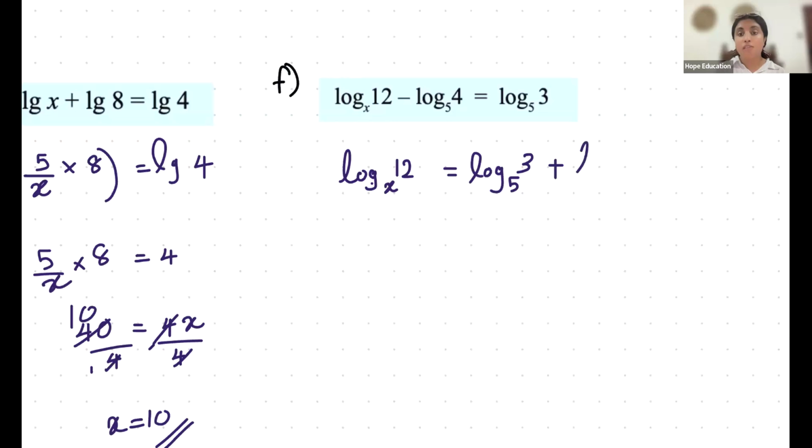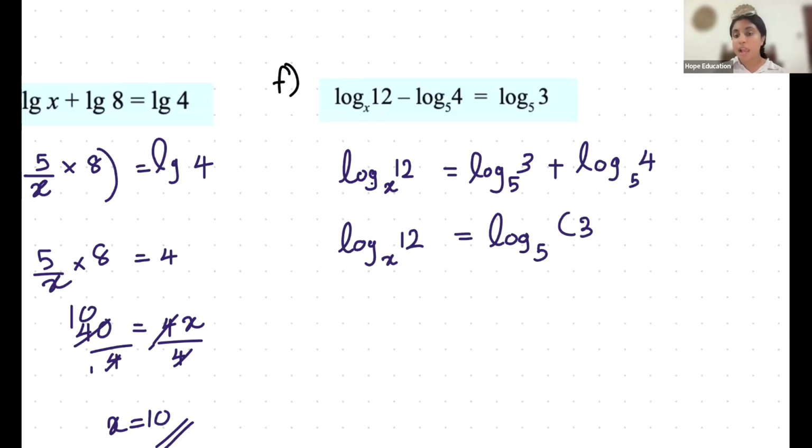Log of 4 to the base 5. So here log of 12 to the base x equals, then log 5. So they have the same base. So what I'm going to do is log 5. Here 3 plus 4, addition is multiplication. So 3 times 4.